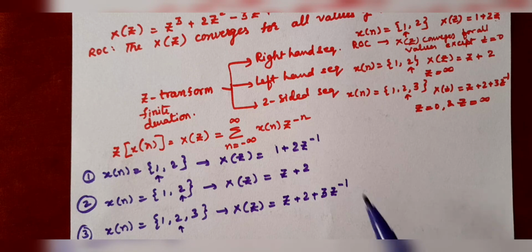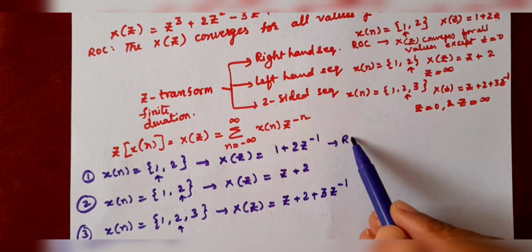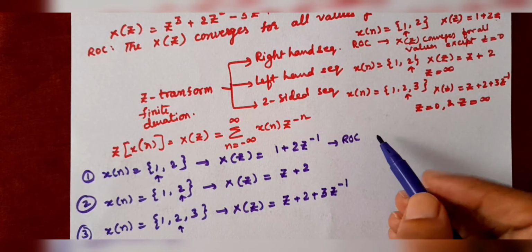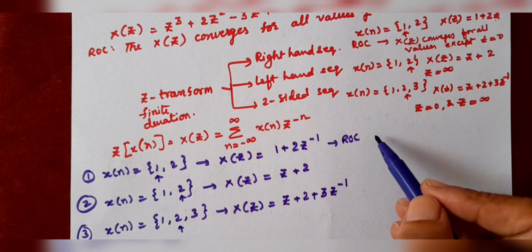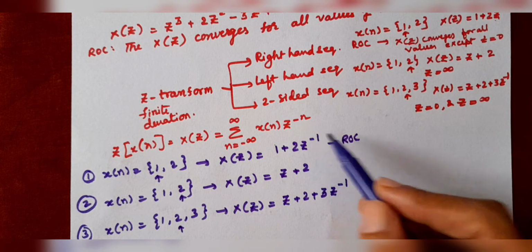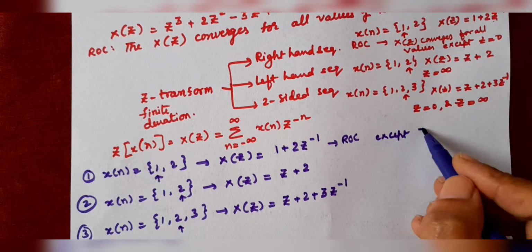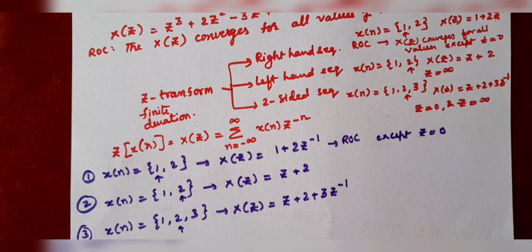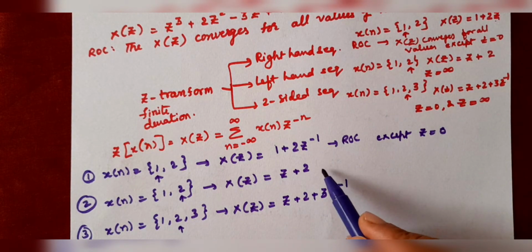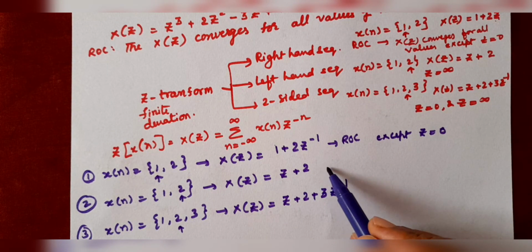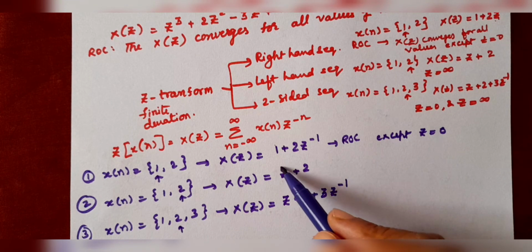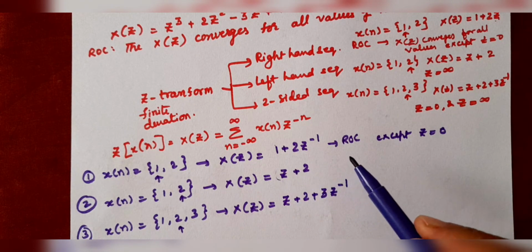Okay. So what is the ROC here? X of z converges for all values of z except z is equal to 0. Okay. For this, ROC is the entire z plane except z is equal to infinity.